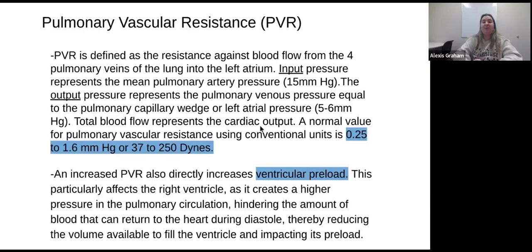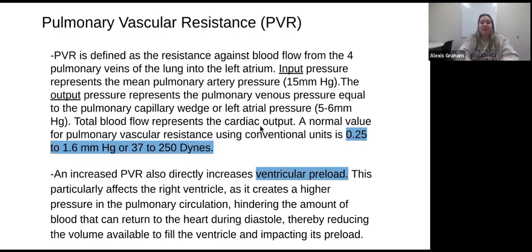Next, we're going to talk about pulmonary vascular resistance. This is defined as resistance against blood flow from the 4 pulmonary veins of the lungs into the left atrium. Input pressure represents mean pulmonary artery pressure, which is 15 millimeters of mercury. The output pressure represents the pulmonary venous pressure, equal to the pulmonary capillary wedge pressure or left atrial pressure, which is 5 to 6 millimeters of mercury.